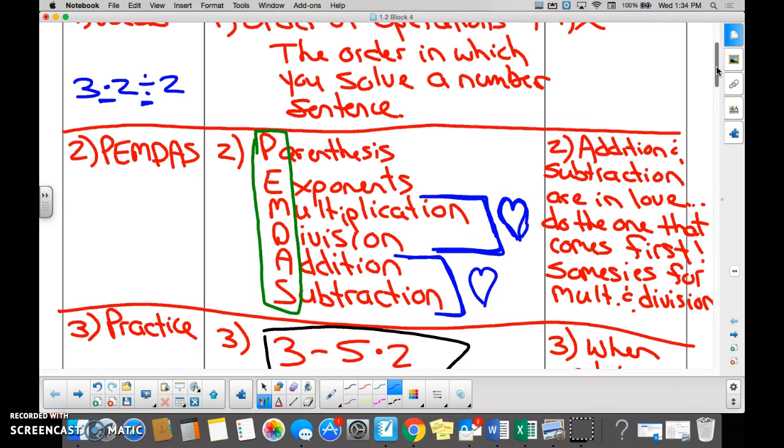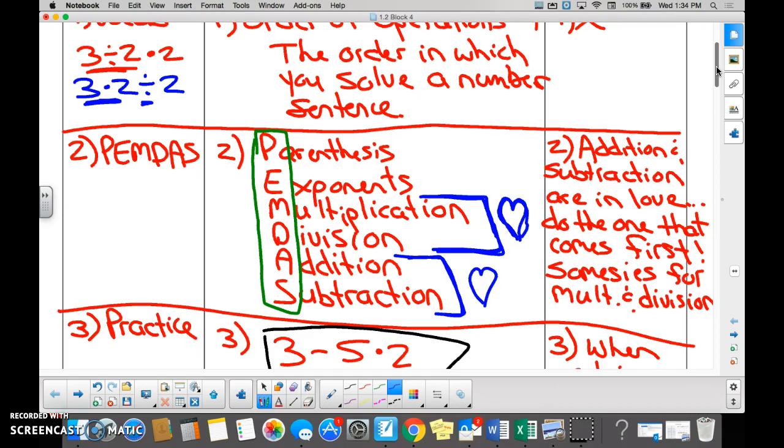What if I had, let me grab a different color here, 3 divided by 2 times 2? Which one would I do first now? You would do this one first in the red problem, and this one first in the blue problem. Because multiplication and division are in love, you do whichever one comes first, right? You guys remember that?